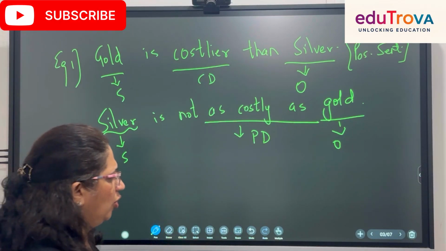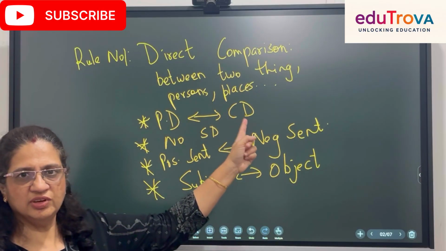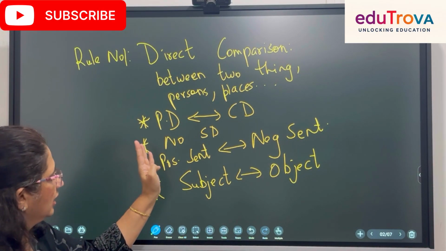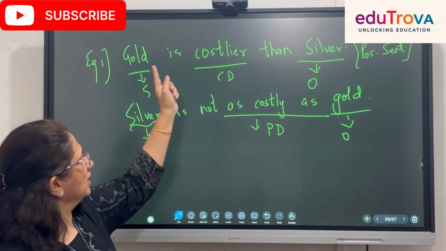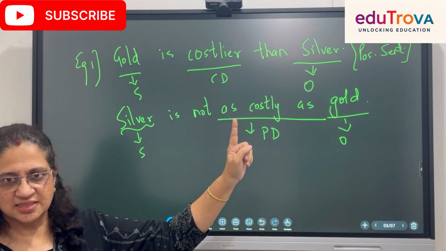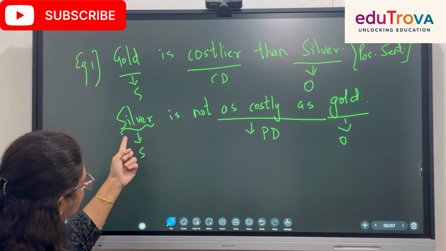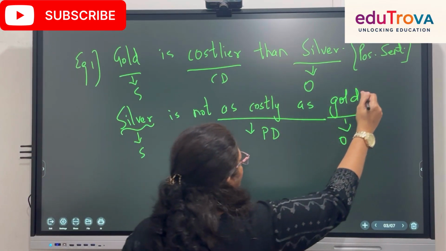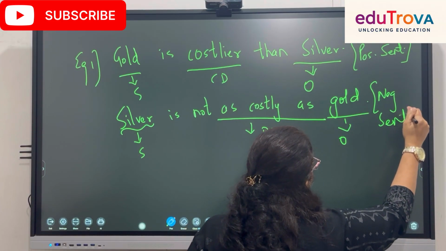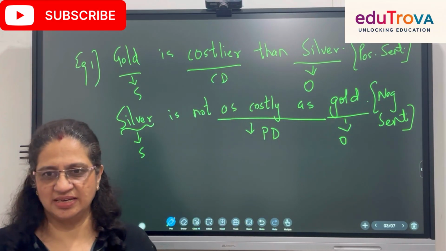If we go to the previous slide, where we have written rules, positive degree will change to comparative, comparative to positive, no superlative degree. So, gold is costlier than silver. It is a positive sentence and in comparative degree. Now we have positive degree and in negative sentence.